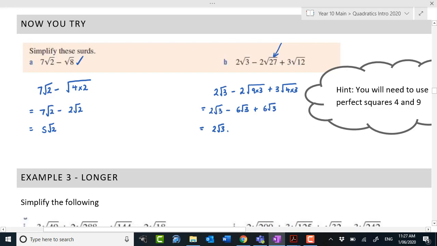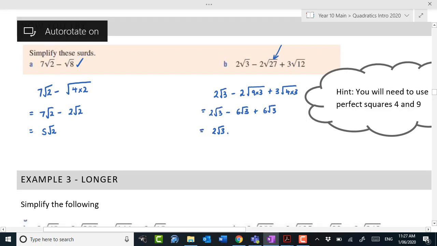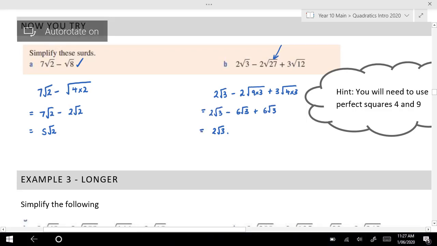just remember, it's actually quite ironic that 2 root 27 is actually the same as 3 root 12. I'll show you why. If I was to do the opposite, 2 squared is 4, so if I was to bring that inside, that would be the same as 27 times 4, and the square root of, 3 squared is 9.